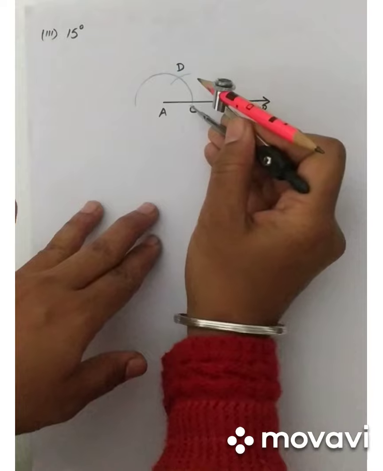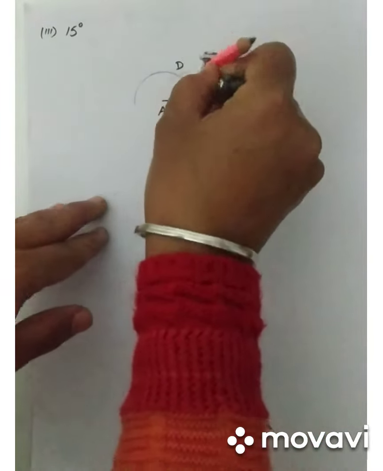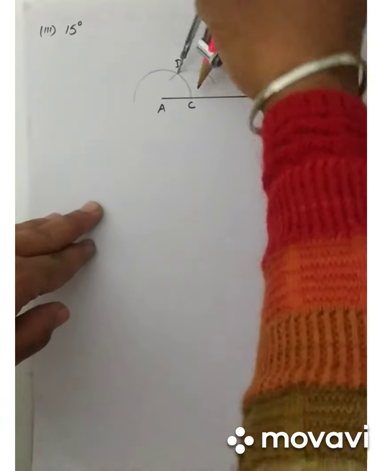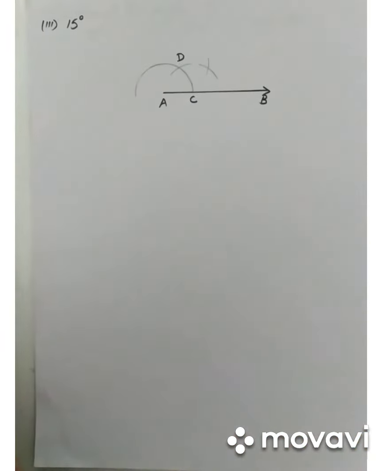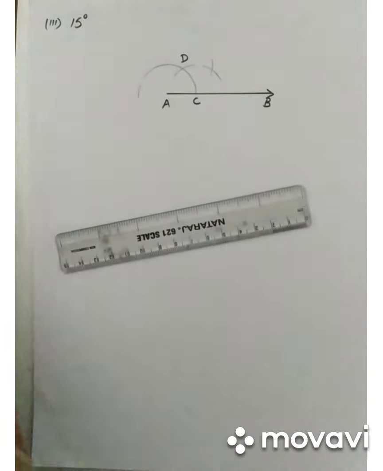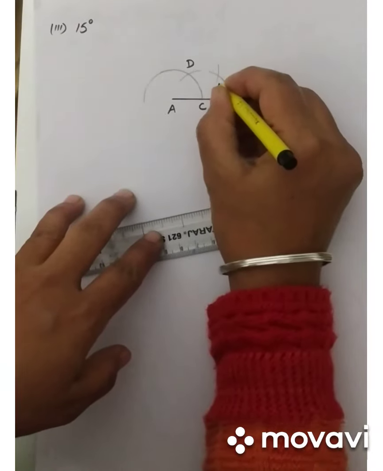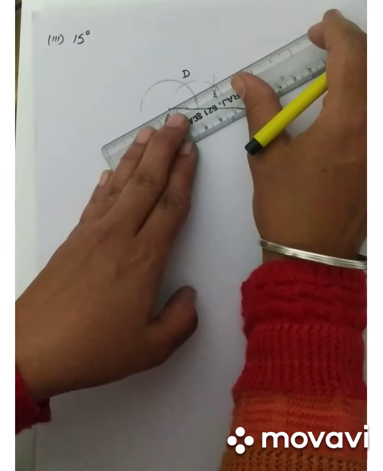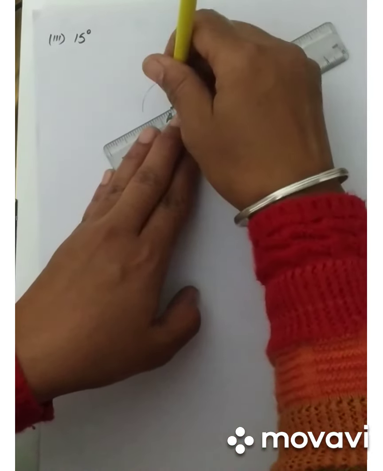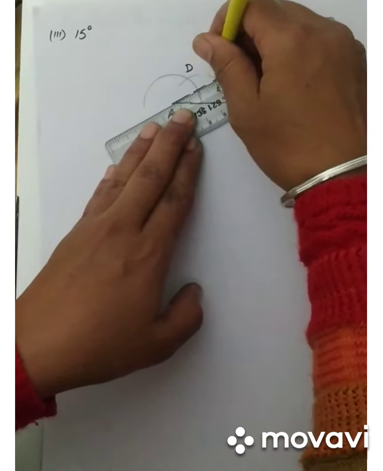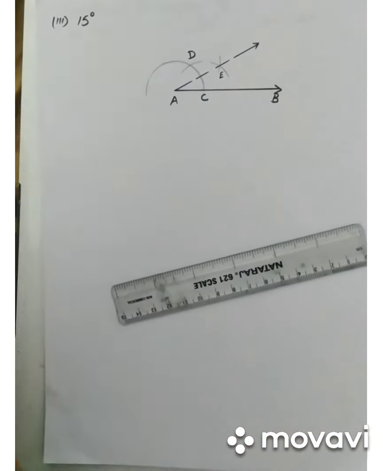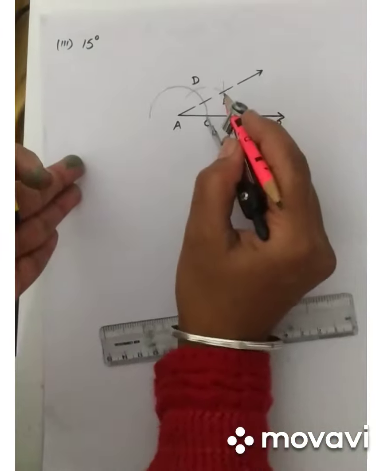Now with C as a center, draw an arc. Then from D as a center, draw another arc which cuts the previous arc. Mark this point as E and join AE. Now this is the angle of 30 degree, already we have done. Now next step for 15 degree.